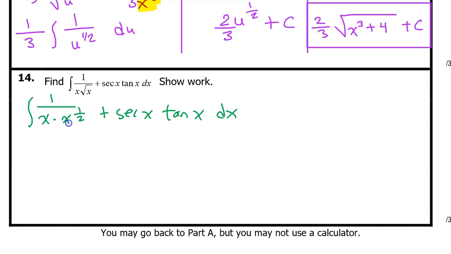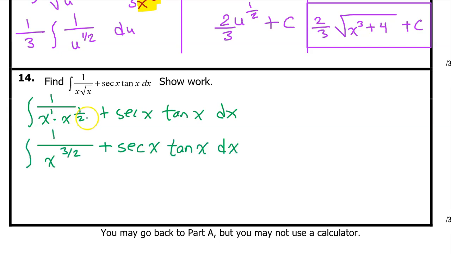When you multiply with like bases, you add the exponent. 1 plus 1/2 is 3 over 2. With x to the 3/2 power in the denominator, this fraction would be the same as x to the negative 3 over 2 power. Now we can just take the antiderivative term by term.